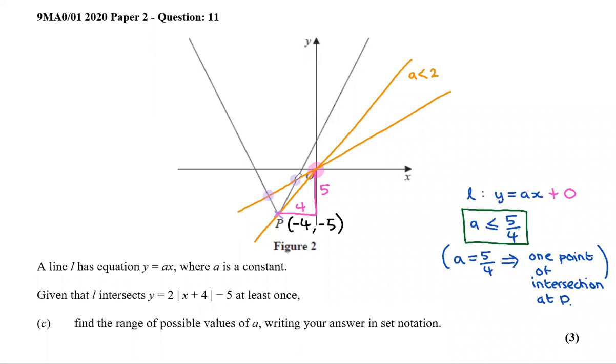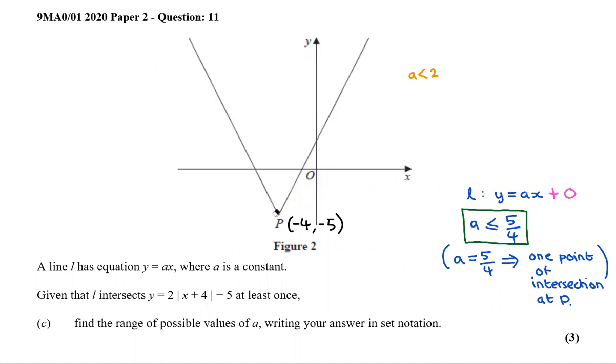And it's going to do that no matter how shallow we make it until we get to 0, and it will still be passing through at 2 points. So we need an upper bound for this.